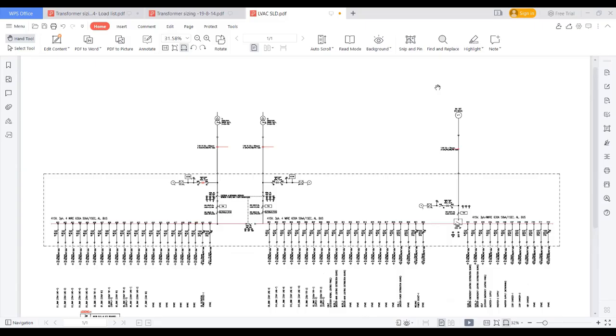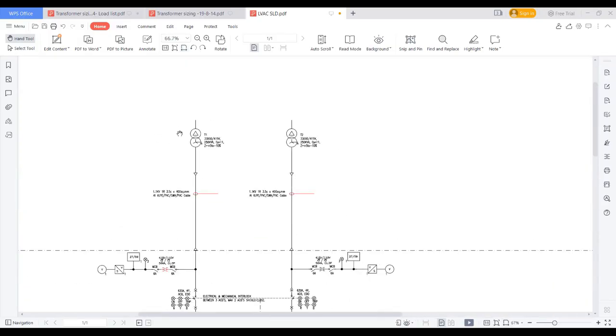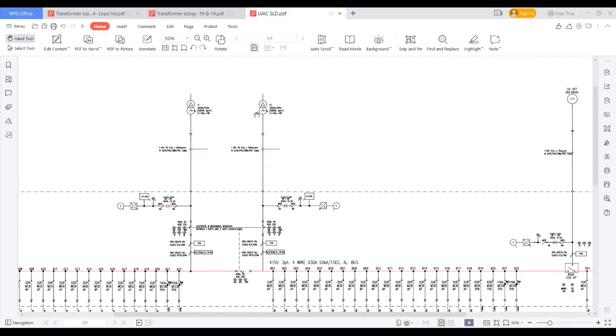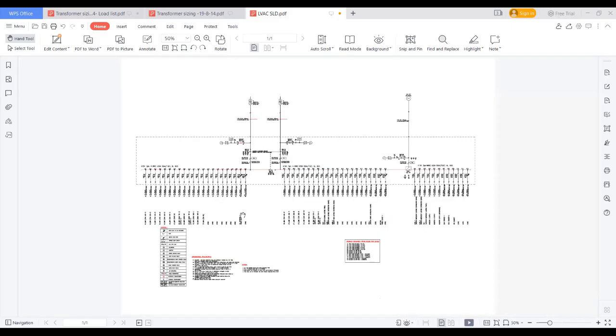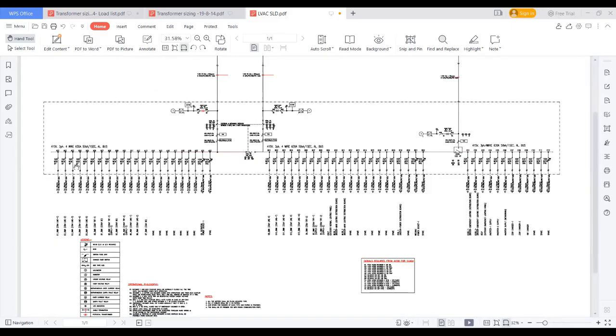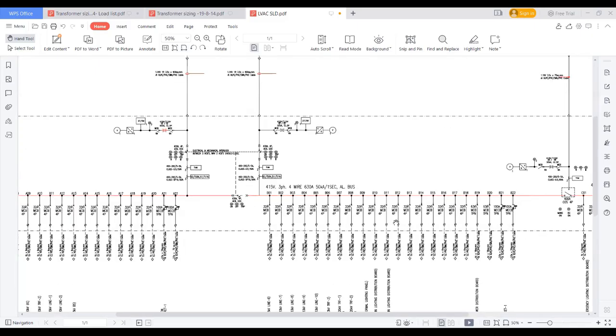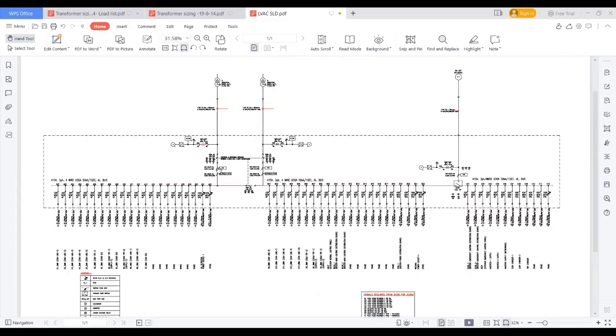They mostly follow this scheme. Here I am placing 2 transformers. This transformer is connecting to this bus and feeding these loads, and this transformer is feeding these auxiliary loads, and I have a DG set, and this DG set is feeding only the emergency loads.